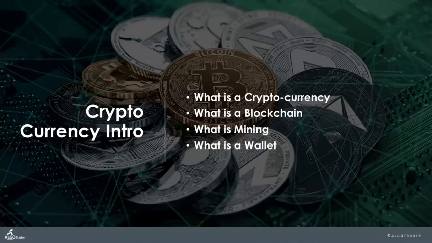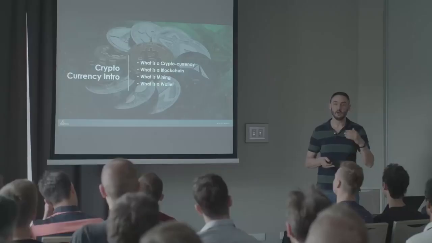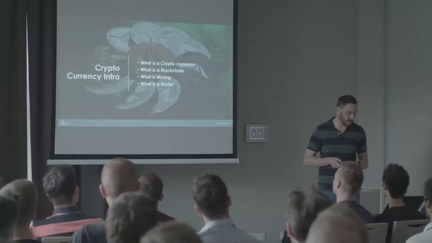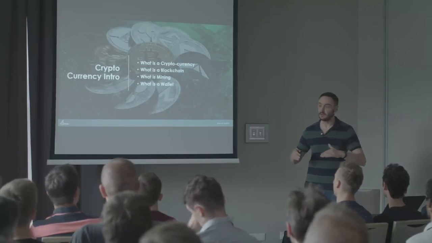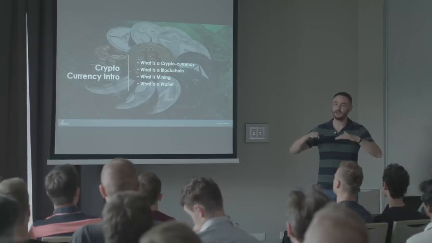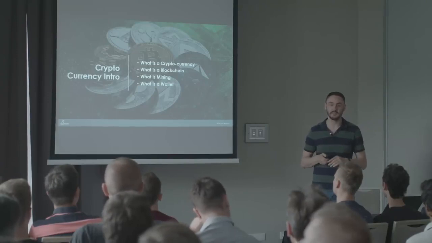So what is a blockchain? Basically, a blockchain is an open distributed database, sometimes called a distributed ledger, that holds transactions. This list of transactions is continuously growing, and it's irreversible.